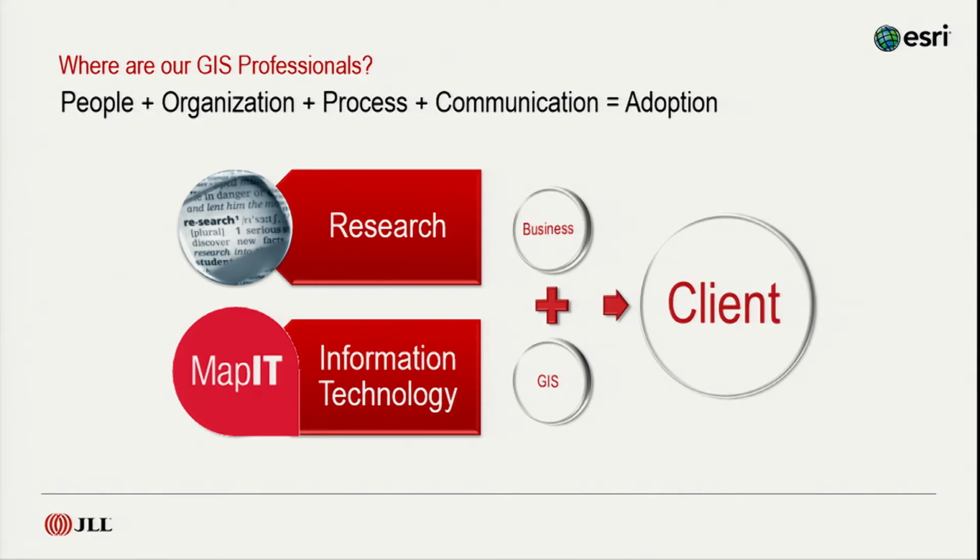We partner with IT to leverage their unique skill sets, their heavier lifting, the great tools that they help cultivate for us to implement within our markets. Together, business and GIS is a huge win for our clients.